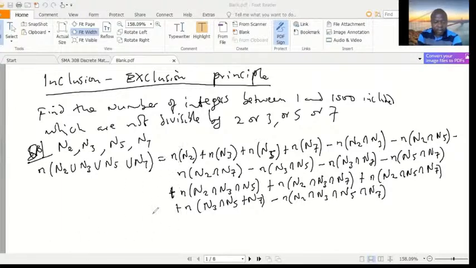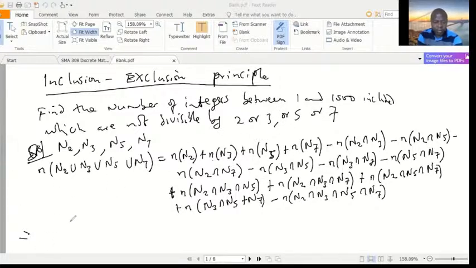Now, so the answer is, this will give us the number of elements that are divisible by those divisible by 2 plus those divisible by 3 plus those divisible by 5 plus those divisible by 7. If you do this, you get all those. Then we subtract that from 1,000 to get those which are not divisible.